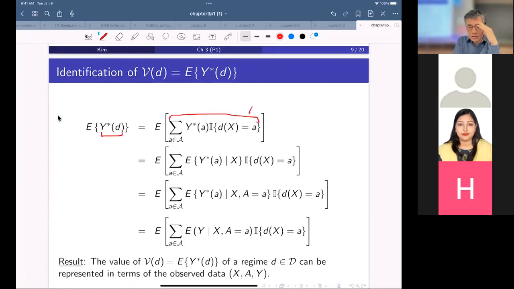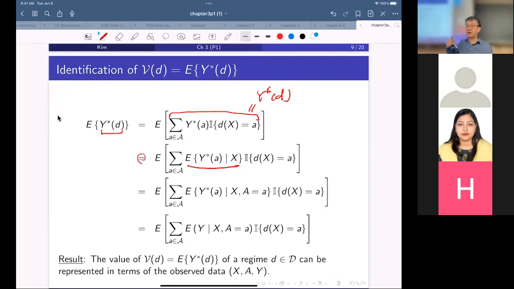This is the definition of Y star D, the first equality. For the second equality, you use the property of conditional expectation. Once you condition on X, the expectation is only applied to the potential outcome Y star A. That is the second equality.